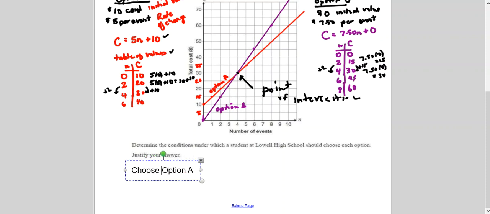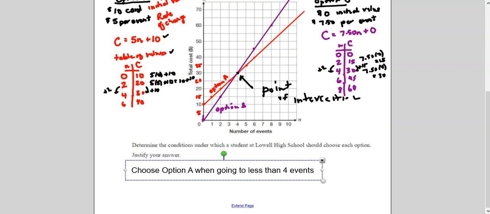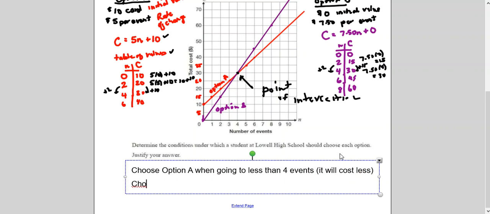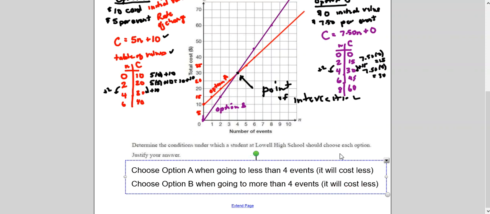Choose option A when going to less than 4 events, because we know at 4 events it's going to cost the same amount of money. I'm going to choose option B when going to more than 4 events, because it will cost less. So we can visually see that based on that.